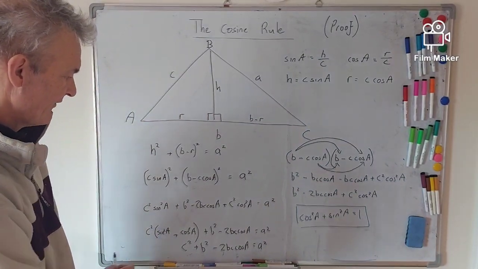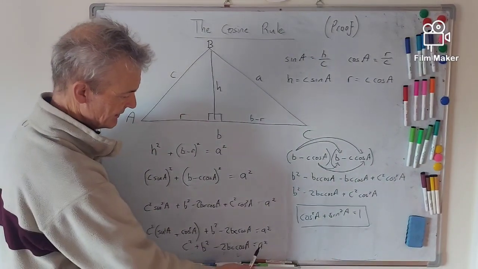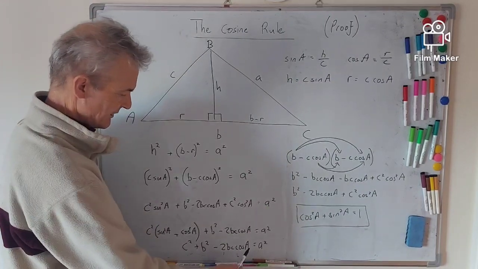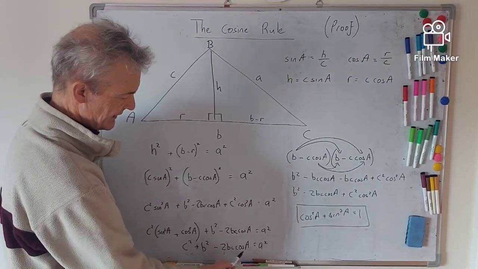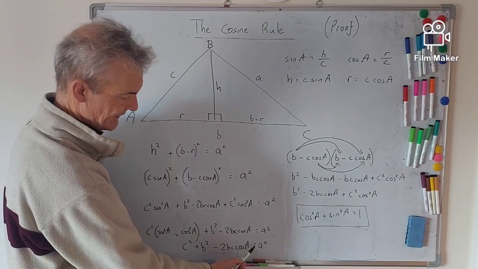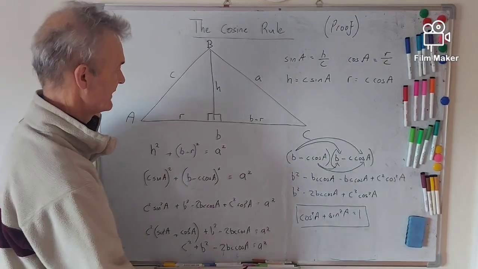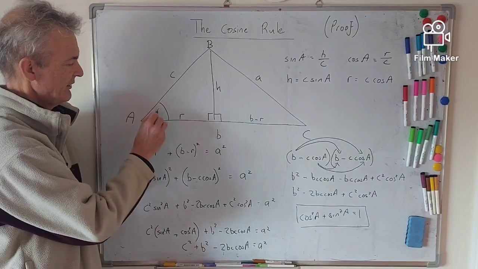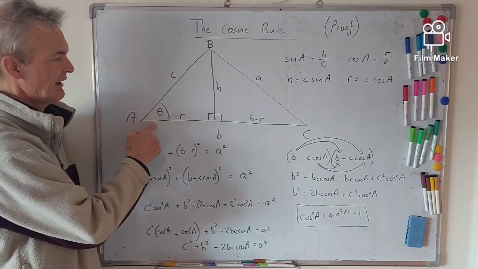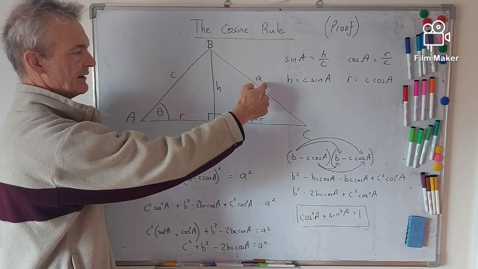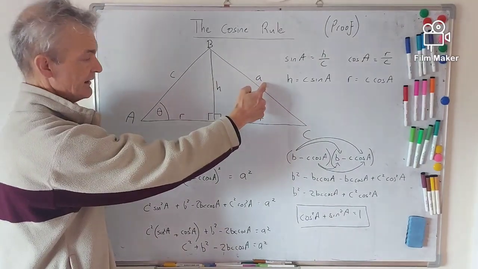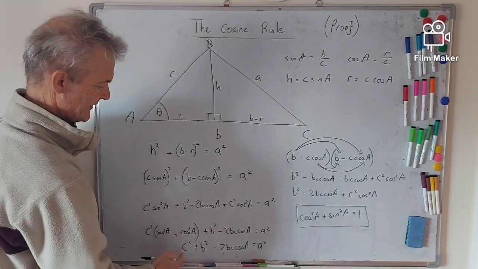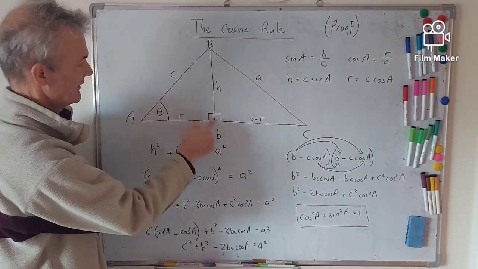Now obviously in that form it's going to enable you to work out a side. Okay, notice that you've got an angle in here, cos A, and what you're going to find is side A. So if you imagine that this is your cosine A, it will enable you to find this side over here, and you're going to need to know B and C, which are going to be these sides.